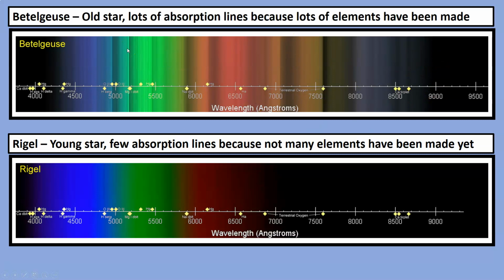The more types of elements present, it means it's further along in its life cycle because it's had more and more time to fuse elements together to make bigger and bigger and heavier ones. So this star is very, very old compared to this one. There's not very many lines here. There's a couple, but it tells us that this is a much younger star.